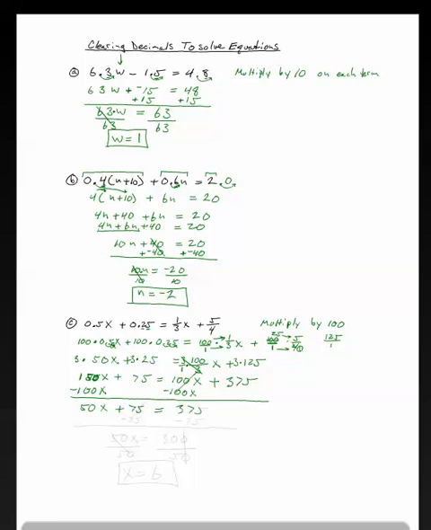Get the constant term on the right, which means I have to get rid of the 75, so subtract 75 from both sides. That cancels, so I've got 50x equals 300, and then divide by 50 on both sides. Now remember, if you have common zeros at the back, you can cancel those, so really it's 30 divided by 5, which is 6.